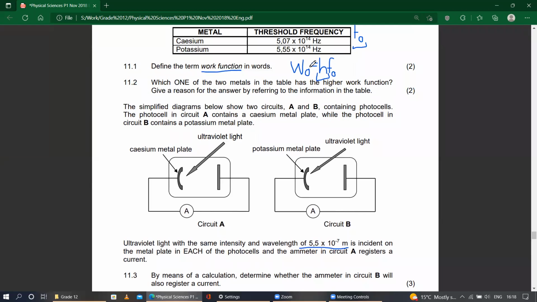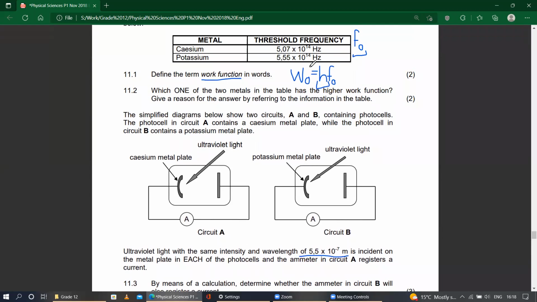So we have our work function here. So guys, when they say that the ammeter registers a current, that means electrons from the calcium metal plate are jumping or are escaping from the metal.